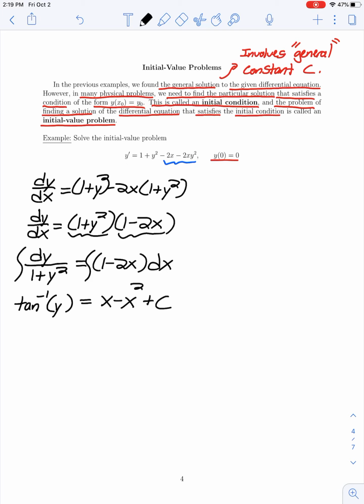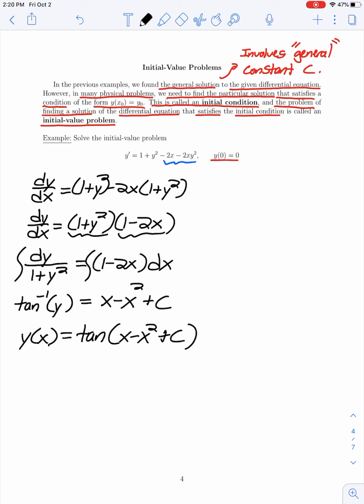Now, in general, I'd like to try to solve for y explicitly. So to solve for y here, as a function of x, I could take the tangent of both sides, and I would have y equals tangent of x minus x squared plus c. All right.